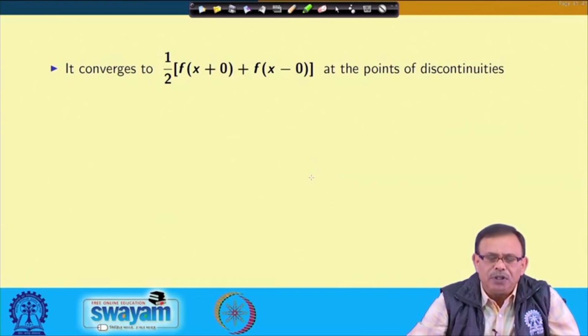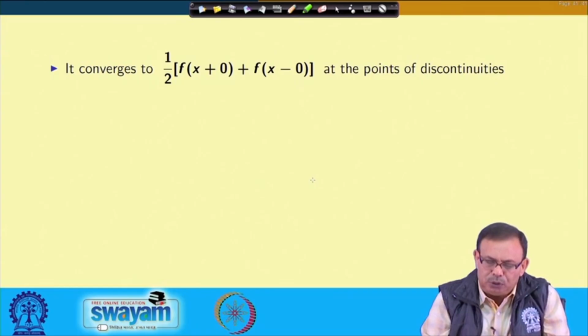Therefore, this is the Fourier sine series of a function which is defined by 1 and the coefficient b n is defined by 2.